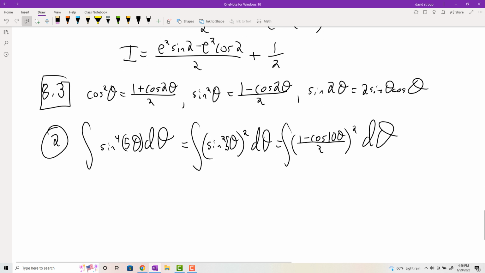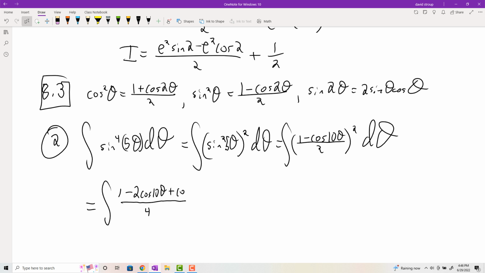And then we want to square that thing. So in the numerator I have the FOIL, and the denominator I'll have 4. 2 squared is 4. So the numerator, the first 1 times 1 is 1. The outer and inner will both be negative cosine 10 theta. So adding them together, you get 2 of them, 2 cosine 10 theta. And then finally plus cosine squared 10 theta d theta.